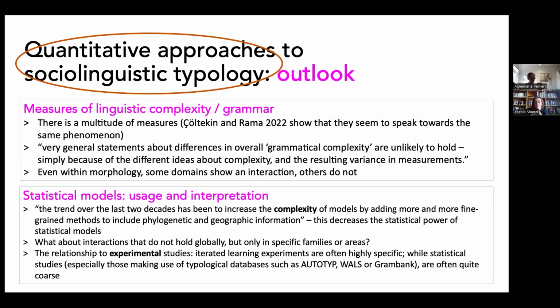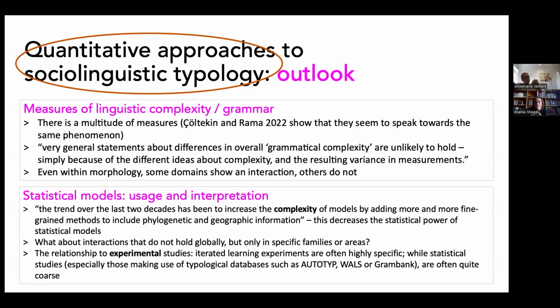Then another point that we have to make is statistical models and their usage and interpretation. For Bantu, you guys saw that it's really not easy to apply these models because you have all kinds of different restrictions. For example, for Bantu, the genealogical control that we had there was branch within the family, and you have some branches that are huge and some that are small. It's not straightforward to deal with from a statistical perspective at all.